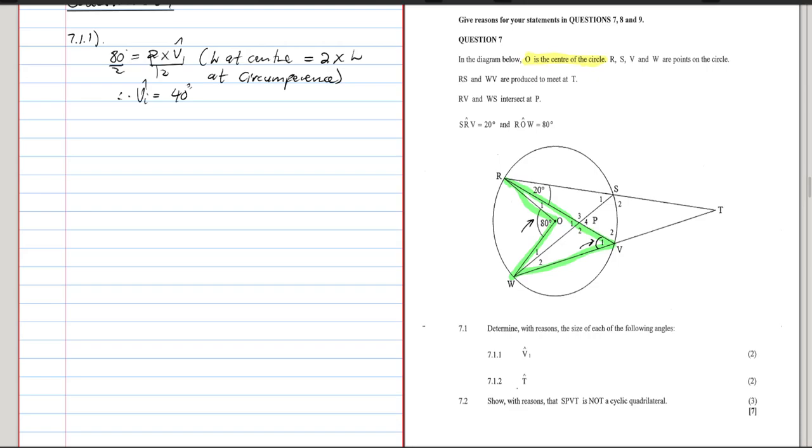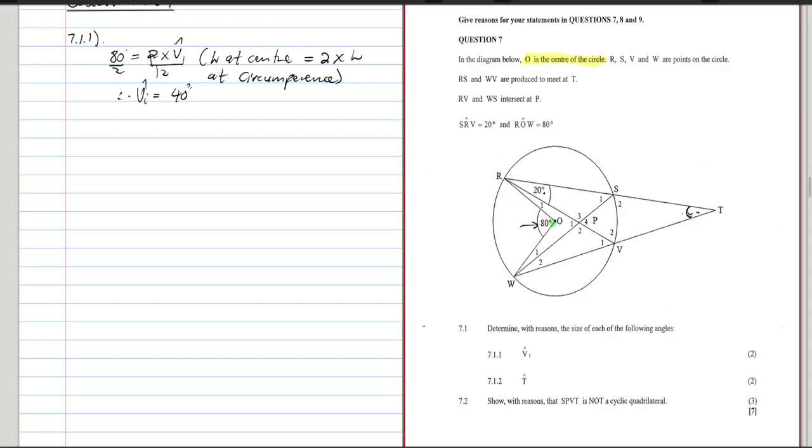Now, we have to calculate angle T. This angle right here. Okay, let me clear up the diagram. Again, you're going to look for a relationship between 80 and T. If no theorem can be applied between the 80 and the T, skip to the next angle.